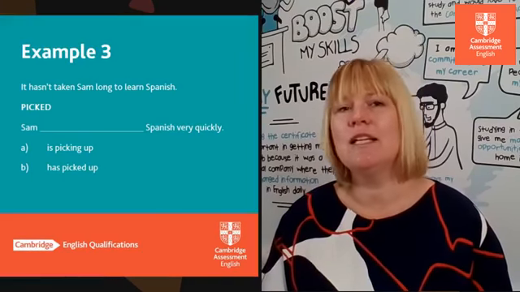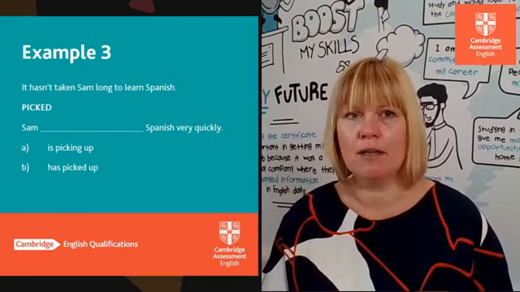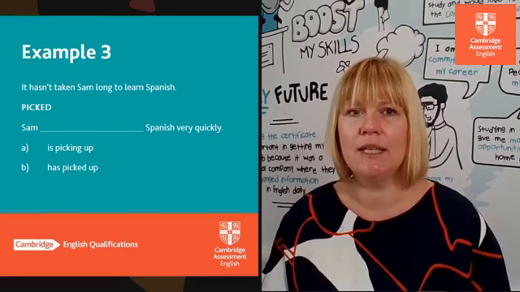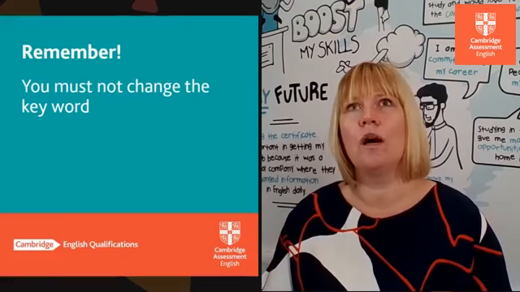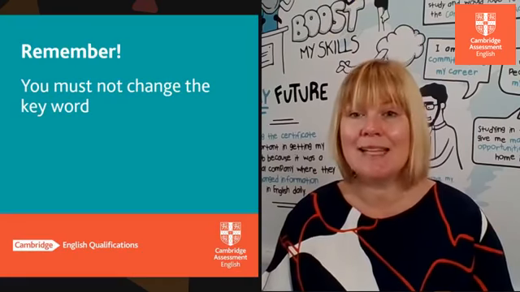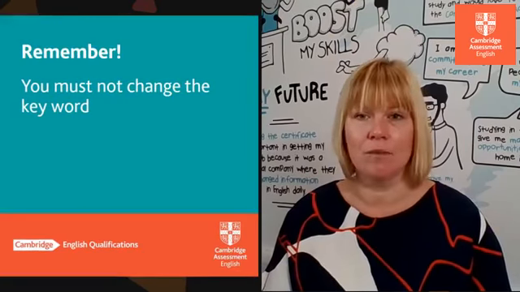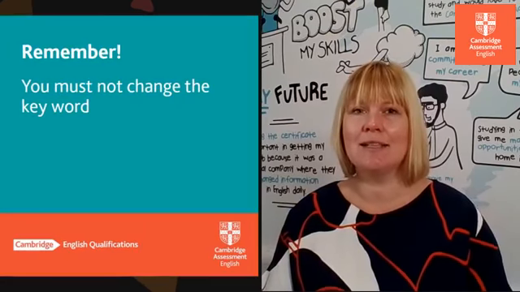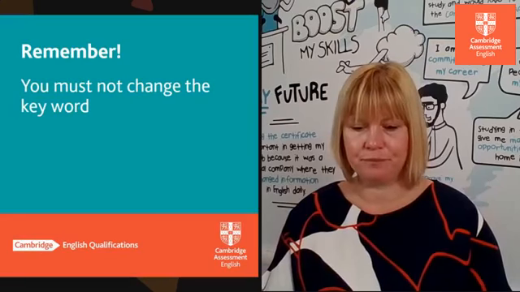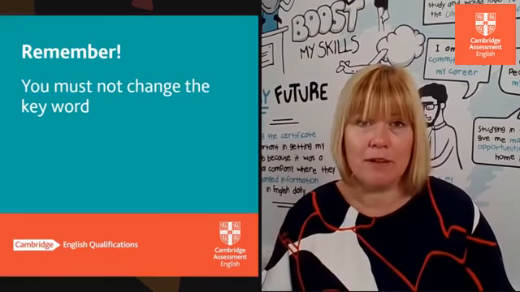So if it's already in the simple past here or the past participle, you need to leave it like that, okay? If it's a word that is in plural with an s at the end, leave it like that, okay? So always use the keyword exactly as it's on the exam paper. That's an easy one to remember, right?